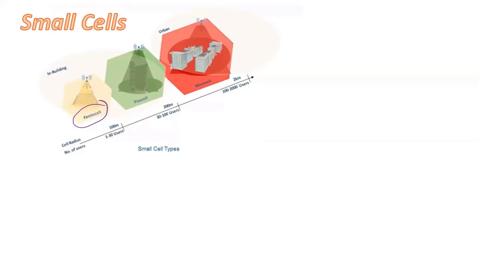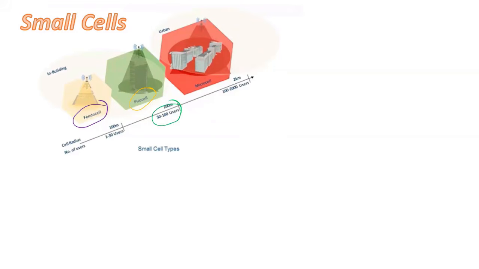Then we have the picocell. A picocell covers a radius of around 200 meters, and picocells are usually used at places with high crowd density like festivals, stadiums, concerts, and other large gatherings. Picocells are larger than femtocells, and they can serve 30 to 100 users.